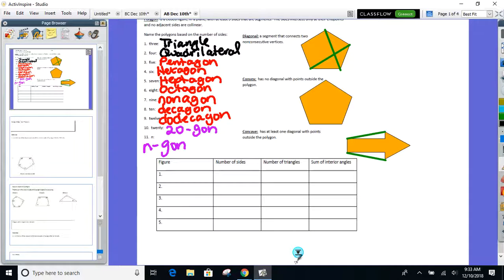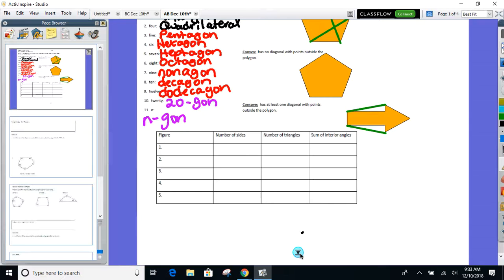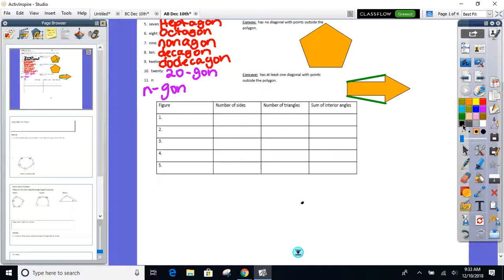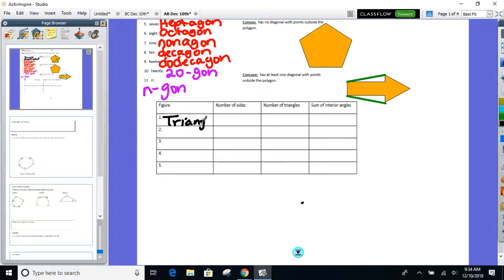So what we're going to do, we're going to fill in this table. We're going to talk about 5 different figures right now. You're going to talk about the triangle, the quadrilateral, the pentagon, hexagon, and octagon.